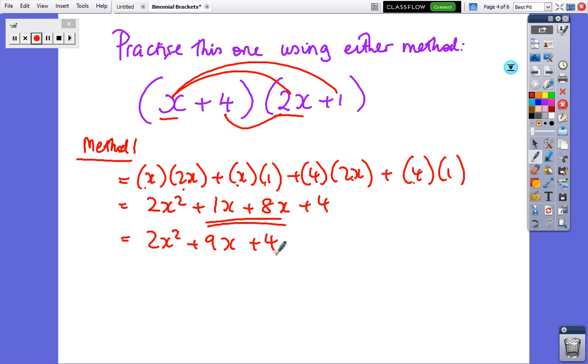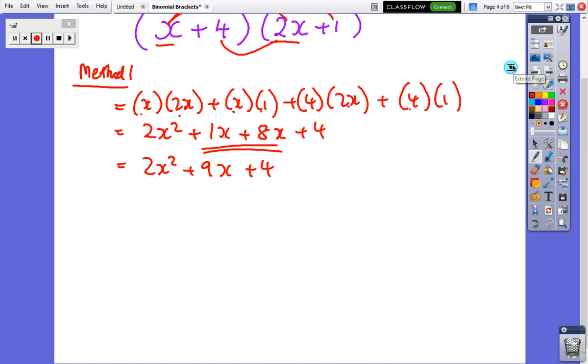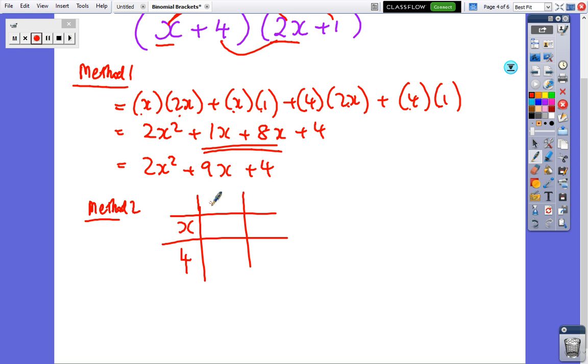And I'll just show method 2, just so those people that love that method can see their answer. So we've got x and 4 down the side, 2x and 1 on the top, and then when the boxes hit each other we multiply. So x times 2x is 2x squared, x times 1 is 1x, 4 times 2x is 8x, 4 times 1 is 4.